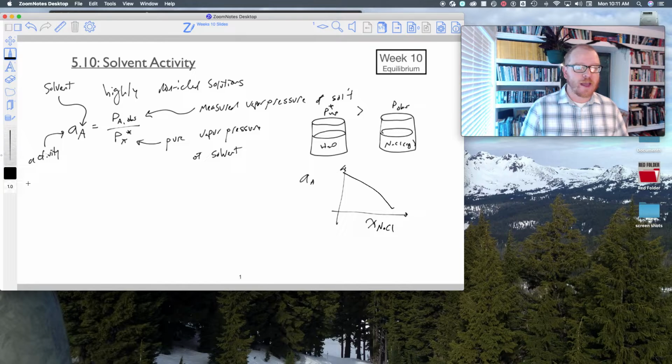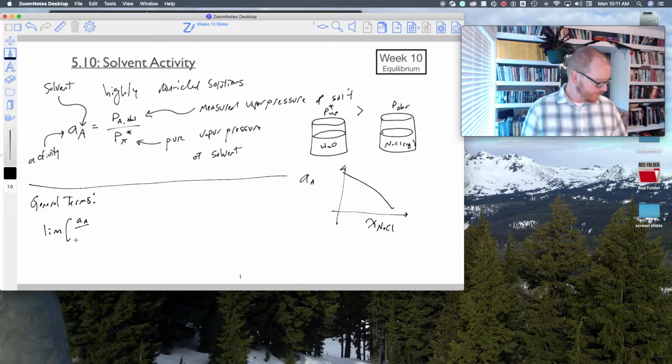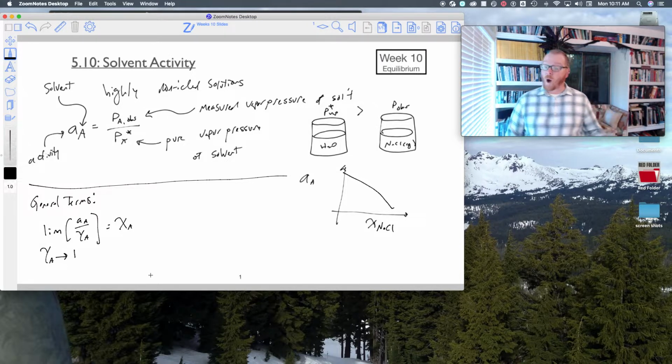Let me draw a line here, and in general terms, activity is defined as the following. It's the limit of the activity divided by gamma, which I'll talk about in a minute, and all of that just equals the mole fraction as this gamma coefficient approaches 1.